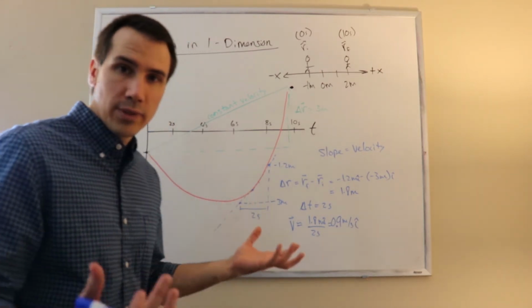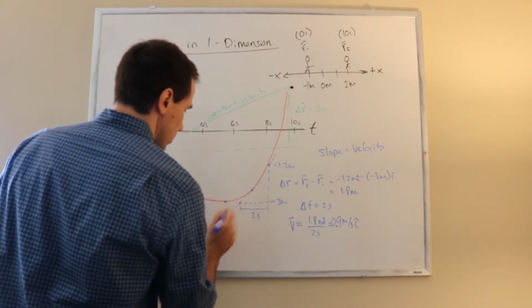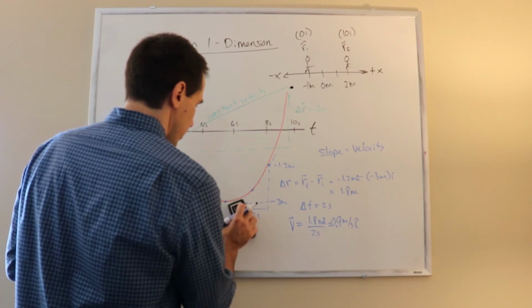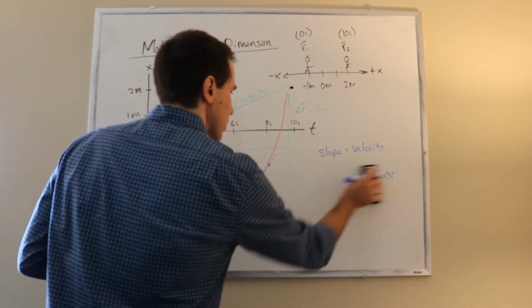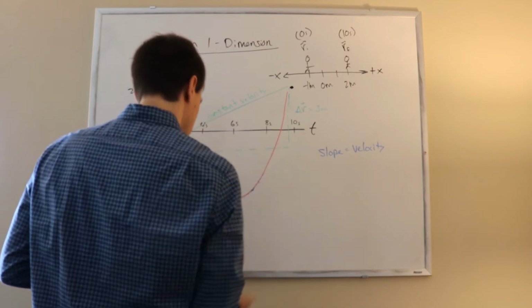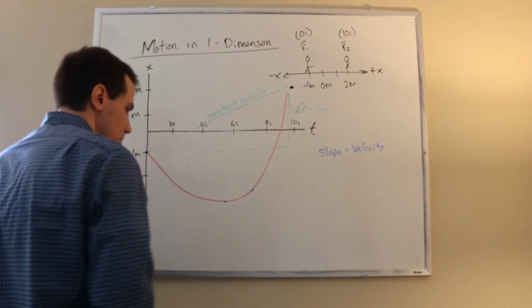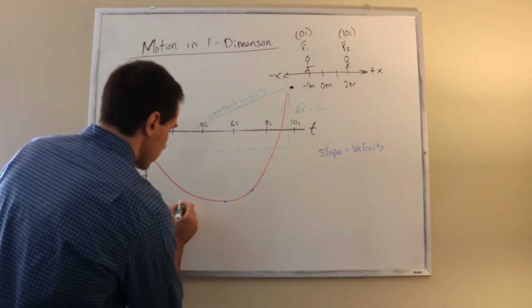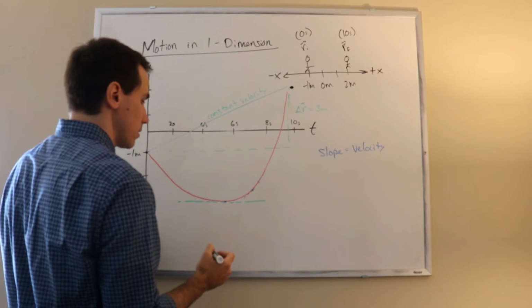Likewise, I could try to do this at another point, right here. So I'll erase a little bit of this. Do this point here. I can draw a line that touches only at that point.